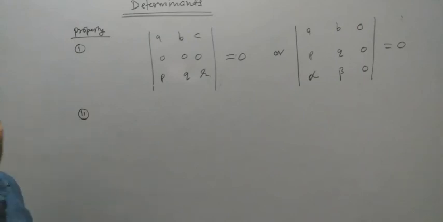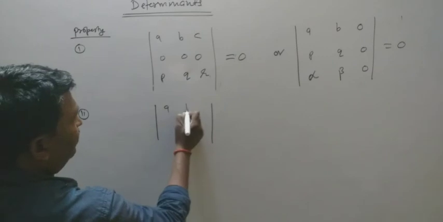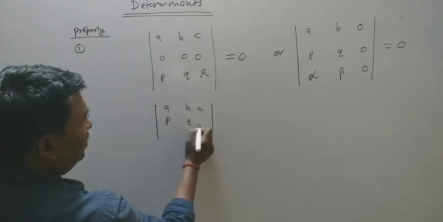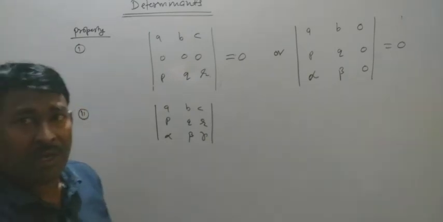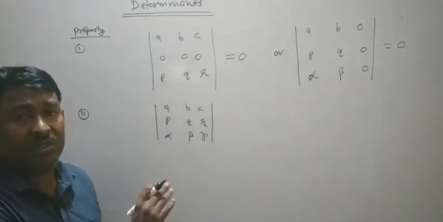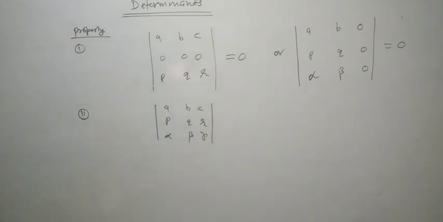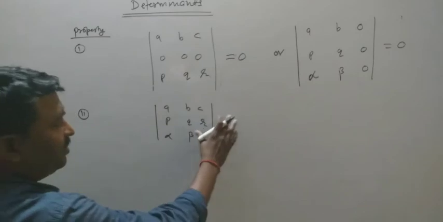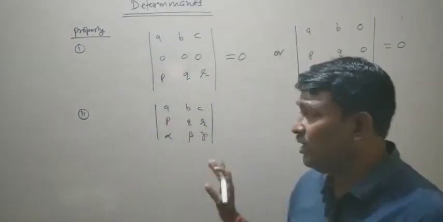The second property is that if you have a determinant like A, B, C, P, Q, R, alpha, beta, gamma, and you interchange the rows and columns, that is, if rows are changed into columns and columns into rows, then the value of the determinant is unaltered, means the value of the determinant will not change.